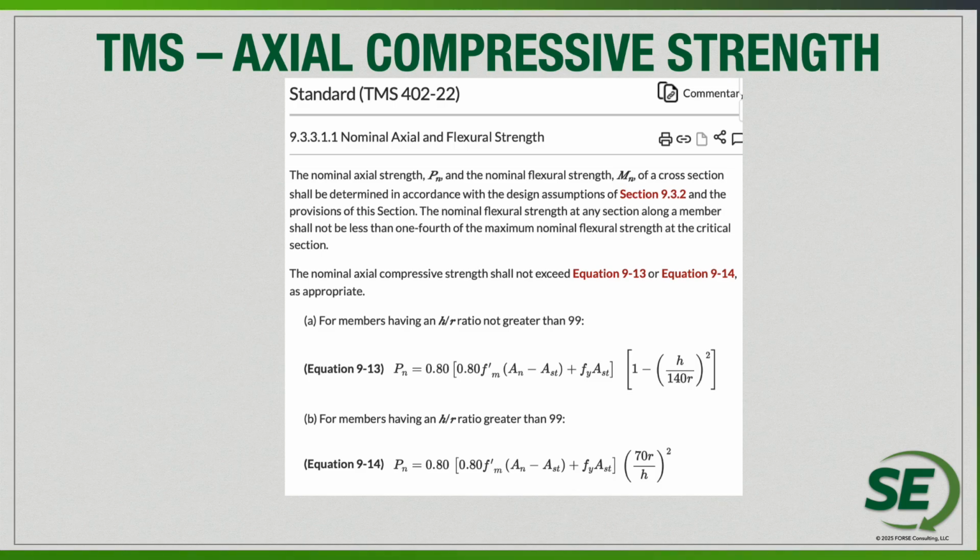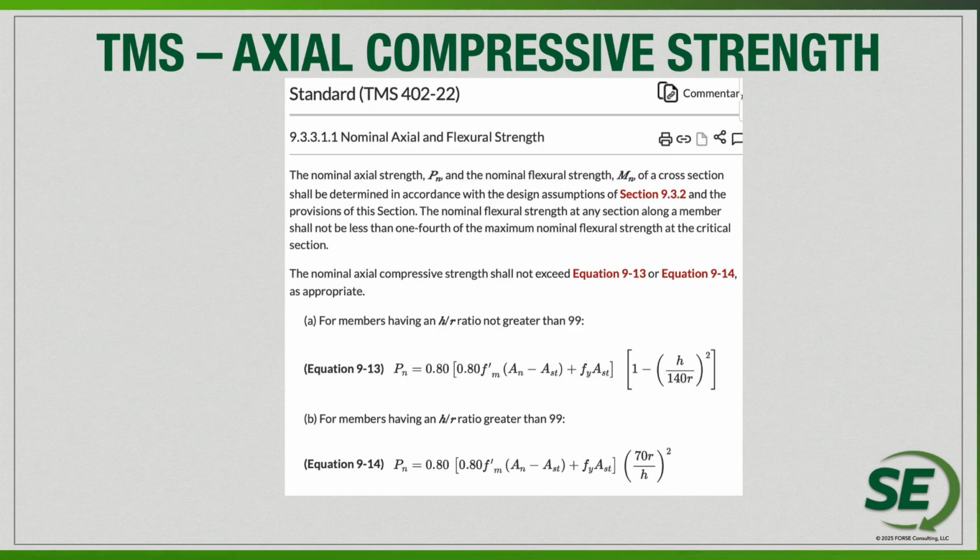We can see here some of the different equations that have been determined for the nominal axial and flexural strength for our concrete reinforced masonry elements. We can see an axial force allowance for members with an h/r not greater than 99.